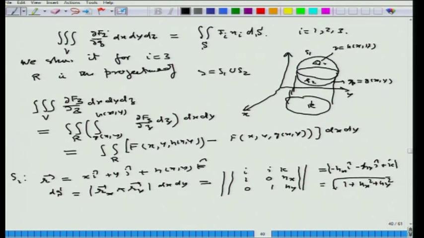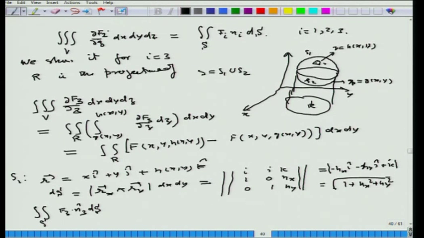Here we see that for this normal, cos gamma will be positive. On the lower part we will see the integral over S of f 3 n 3 ds.